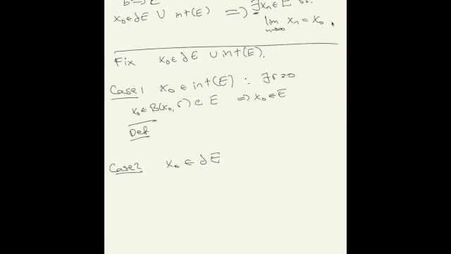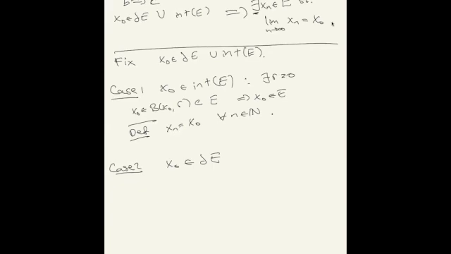So we choose xn equals x0 for all n in the natural numbers. My natural numbers, by the way, here don't include 1, so there's no issue in defining xn as equal to x0. So xn is equal to x0 for all n.